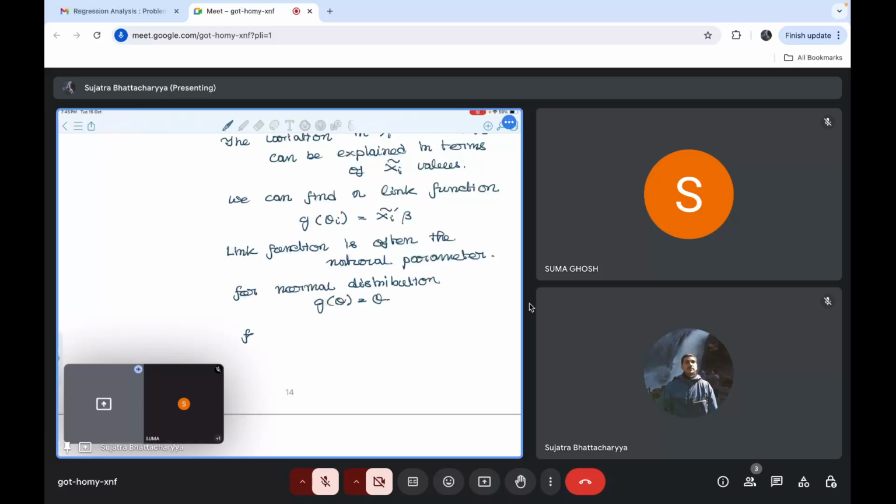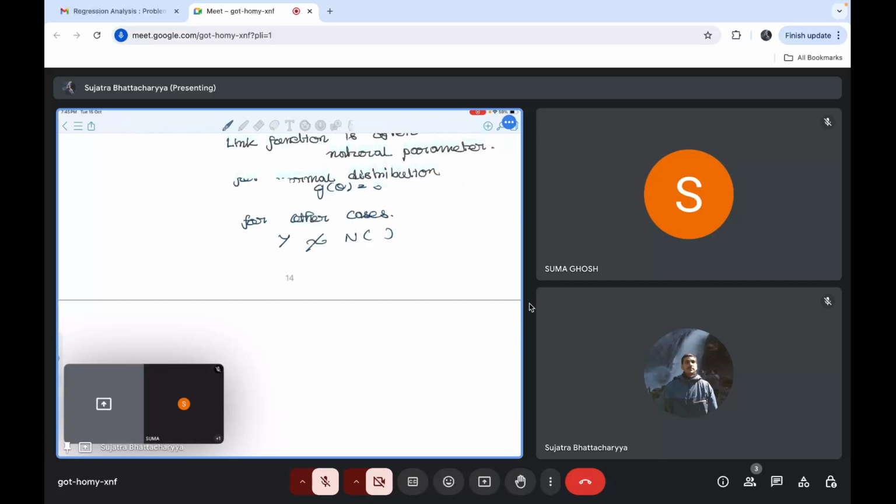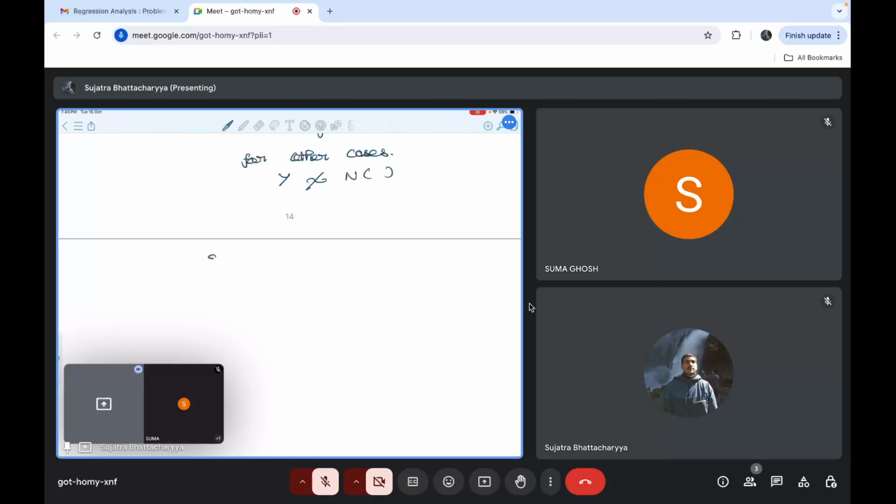But for other cases where y is not normally distributed, what will happen? Suppose we talk about the binomial distribution. For the binomial distribution, we have seen that g of theta is nothing but log of theta i divided by 1 minus theta i.